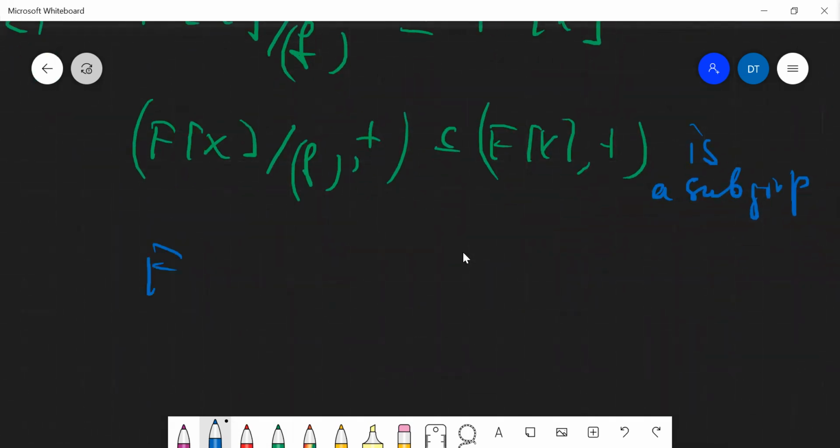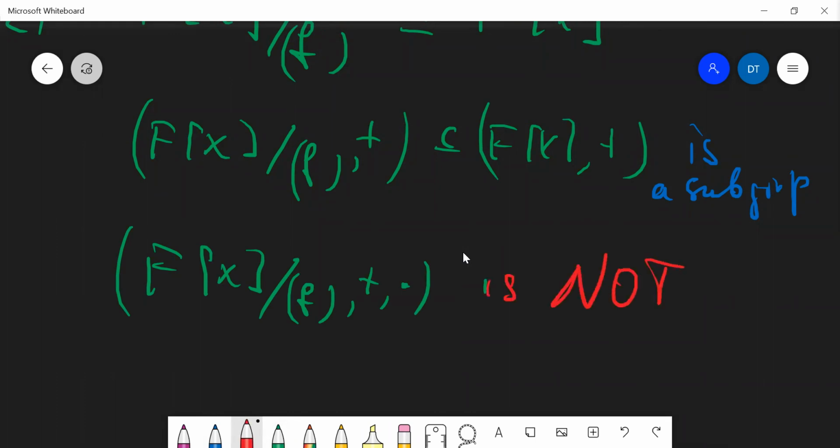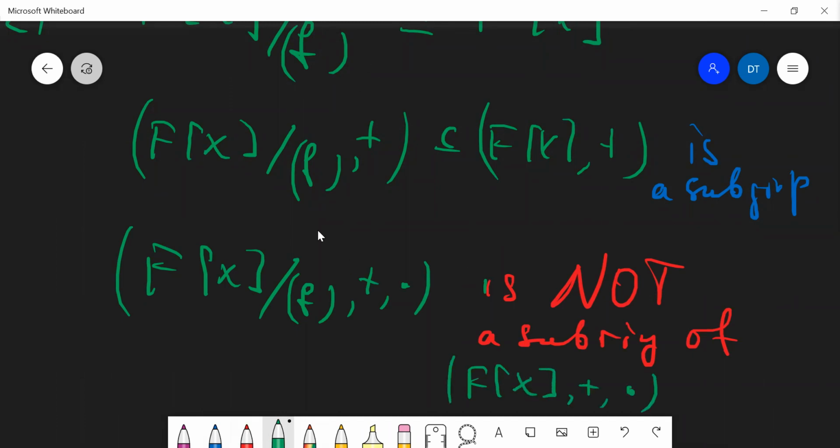So this thing with multiplication is not a subring of the polynomial ring. This simply means that this is a subset here, and the operation plus is exactly the same as here, but the multiplication is completely different.